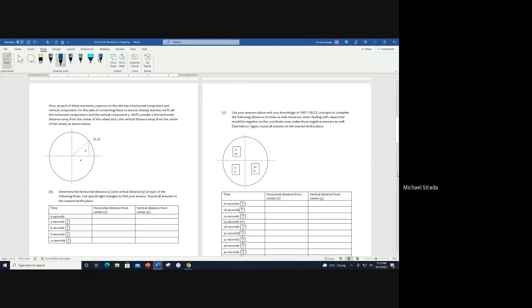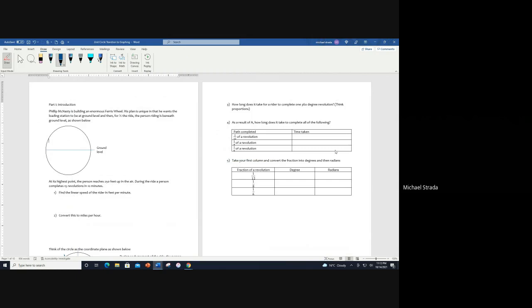However, what we can use the unit circle for, number one, is how long does it take for them to complete one 360-degree revolution? It says think proportions. So they do 15 revolutions in 12 minutes.